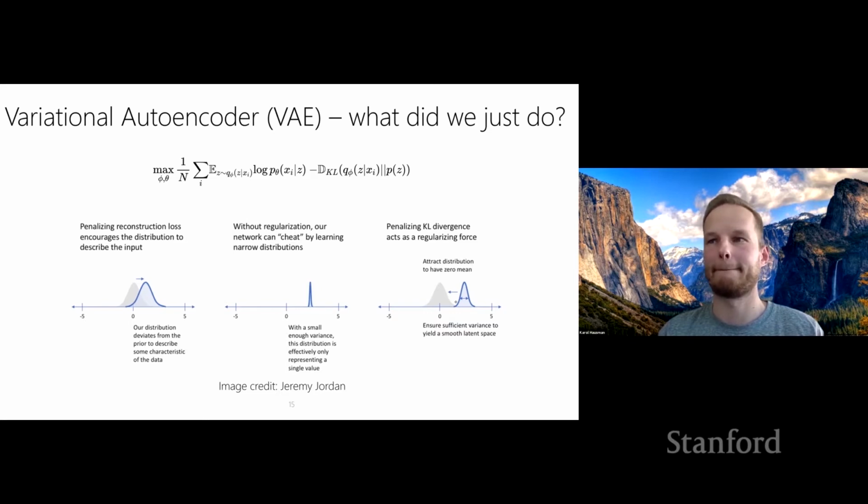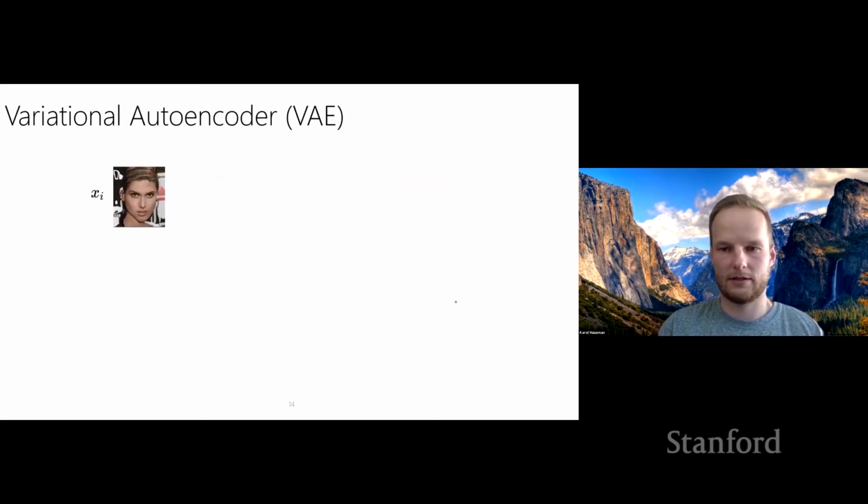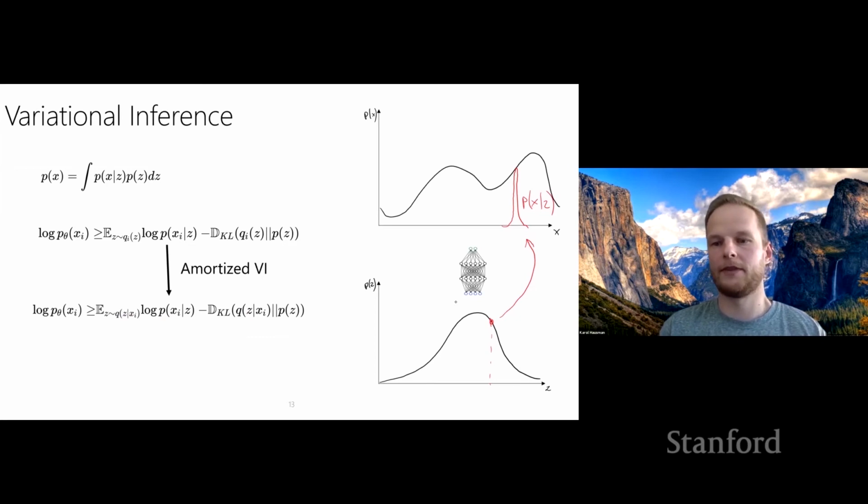There's another question. Why do we always choose the standard normal distribution for P of Z? Right. So that's a bit of a design choice, but it kind of doesn't matter what it is, because if we go back a little bit here, let me just show the pointer.